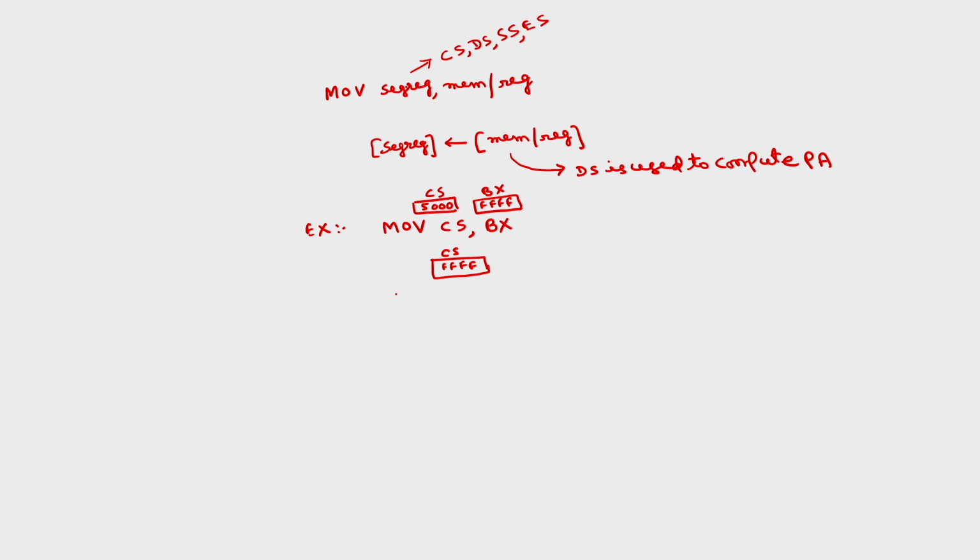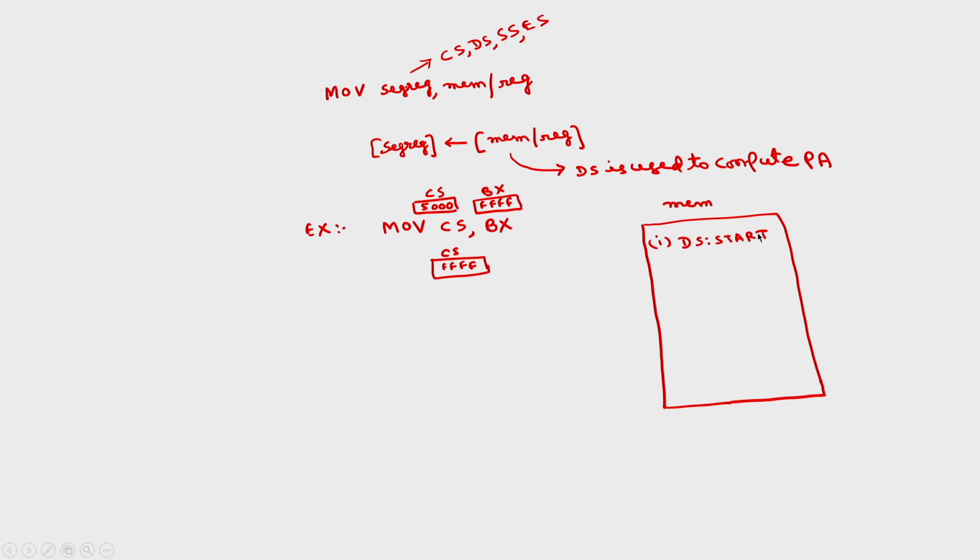Then from memory to segment register. Yesterday also we discussed there are different addressing modes. Wherever the memory comes, you just remember that that memory comes from one of these combinations. So, memory options are: one, you can specify DS comma start in case of direct addressing mode.